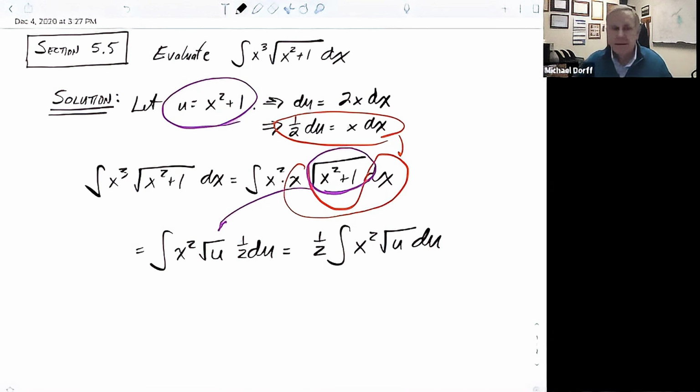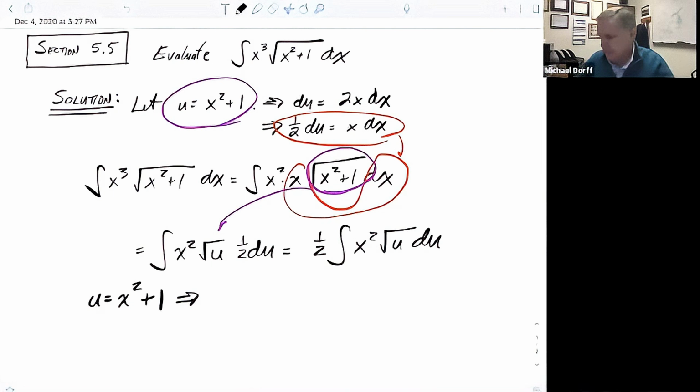In this case, and in any of the cases that you would see like this, I'm going to look at my original u substitution, u equals x squared plus 1. What do I have after I did my u substitution? I have an x squared. Well, I can get an x squared from u equals x squared plus 1 by subtracting 1 from both sides.